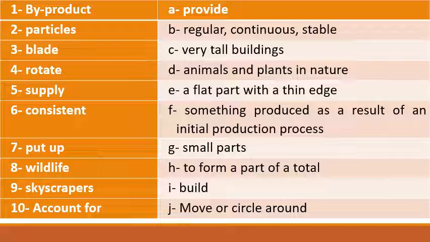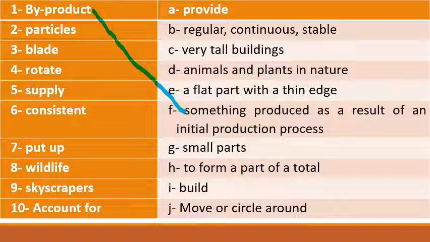If we want to do a matching here, byproduct means letter what? Letter F. Which means something produced as a result of an initial production process. That's the meaning of the word byproduct.